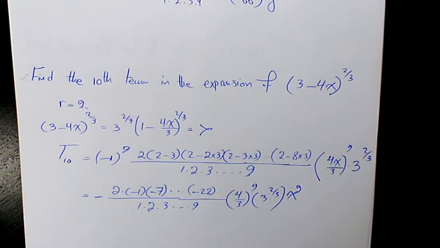So that's going to be the 10th term in this expansion, which is 3 minus 4x to the power of 2 over 3.